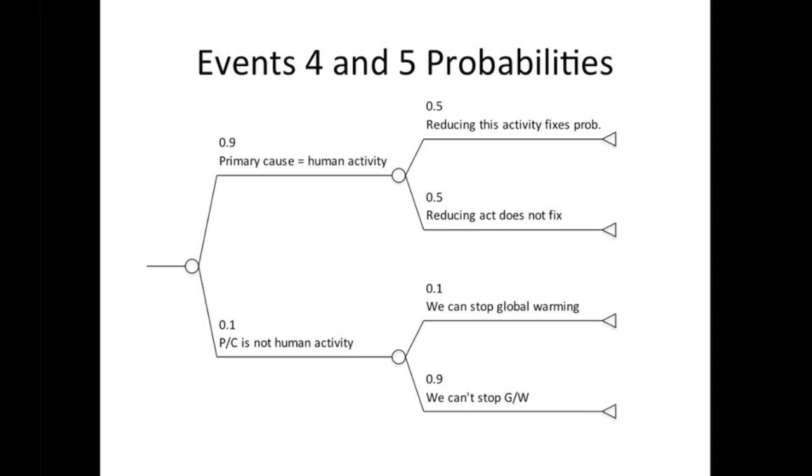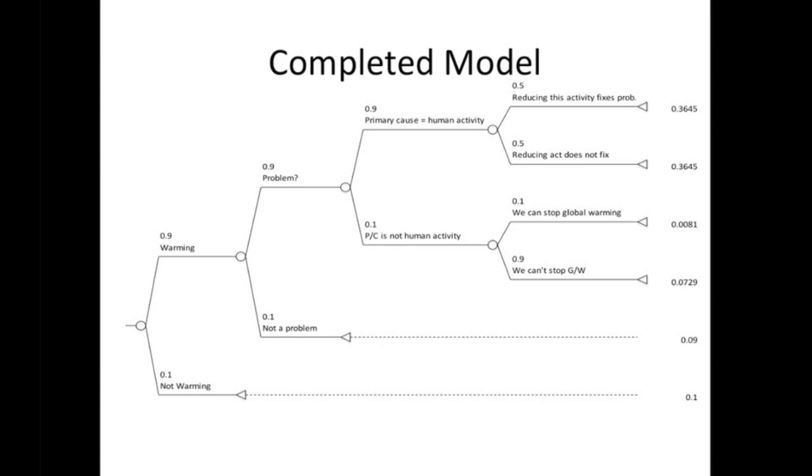Basically, it's a 50-50 chance that it will fix or won't fix it. And if the primary cause is not human activity, which was only a probability value of 0.1, we've said that essentially we're 90% confident that we can't stop global warming. So it's basically a done deal. So these are the initial conditions for our decision tree.